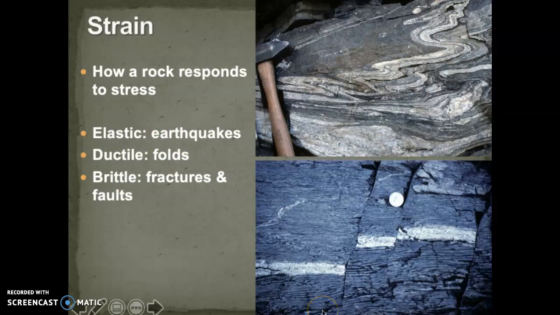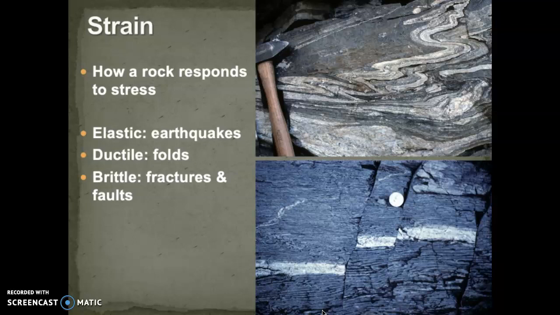So when a rock responds, we refer to that response as a strain response. So stress is what happens to a rock, and strain is how a rock responds to stress. And we have three types of strain. The first type we don't show, it's elastic. And the reason we don't show it in a picture is because elastic strain is when a rock changes its shape, but then when the stress is removed, it returns to its original shape.